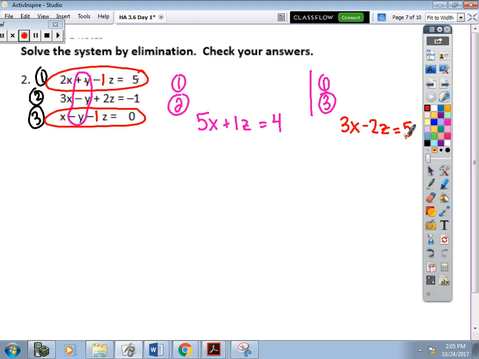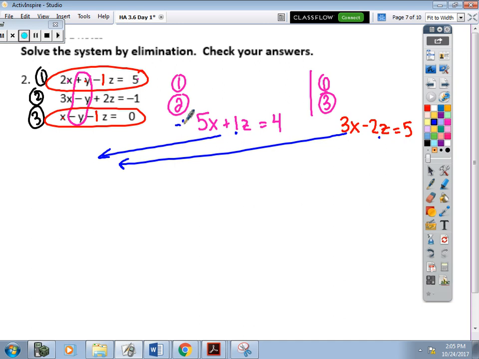Now we're going to take these two, put them together, and create a system. Now again, to save yourself a little time if you want, you could multiply this by something or this by something to get the coefficients to match, right? So 5 and 3, I'd have to multiply both of them by something. But I could make this 1 become a negative 2, right?